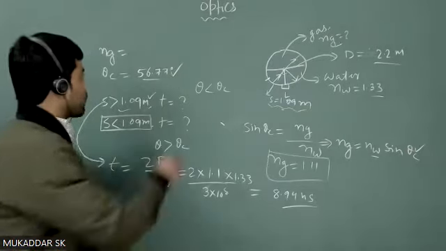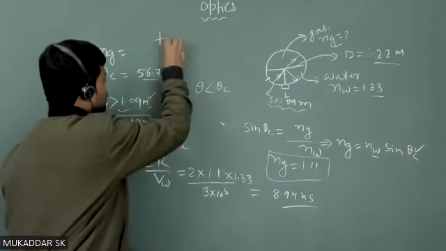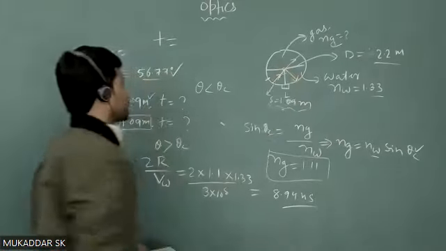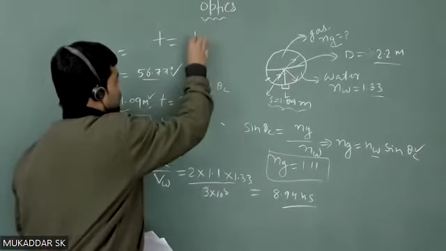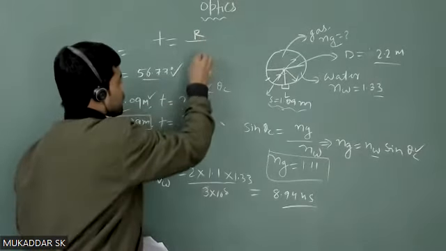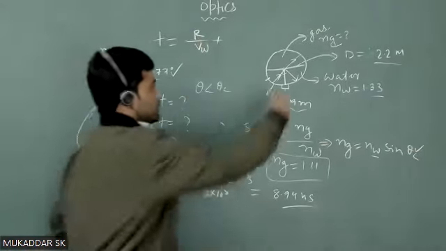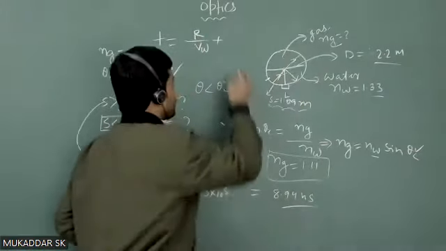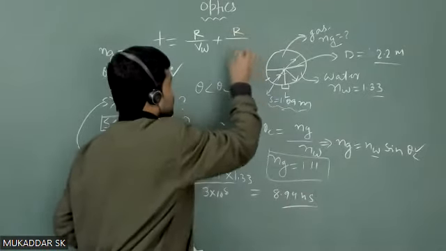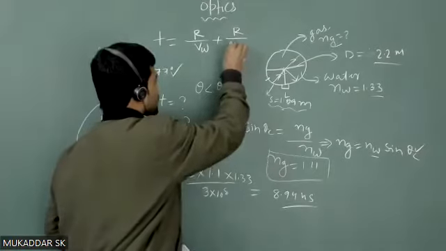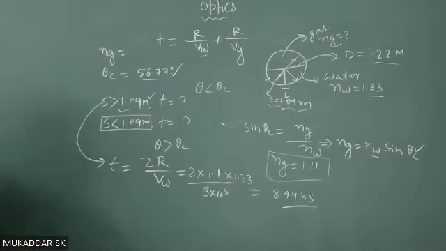So what I can write, the total time taken by this light will be nothing but this distance R divided by the velocity of light in water, plus this distance, again R, divided by the velocity of light in gas. This can further be written in terms of C and refractive index.